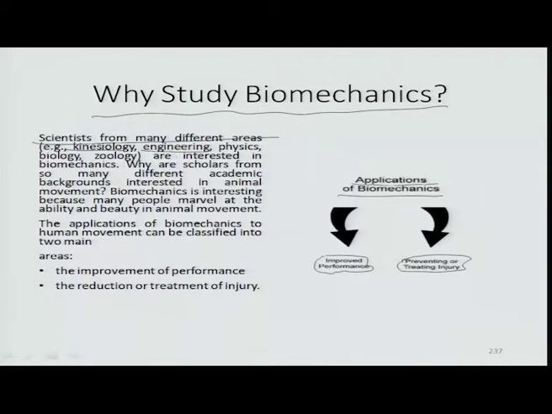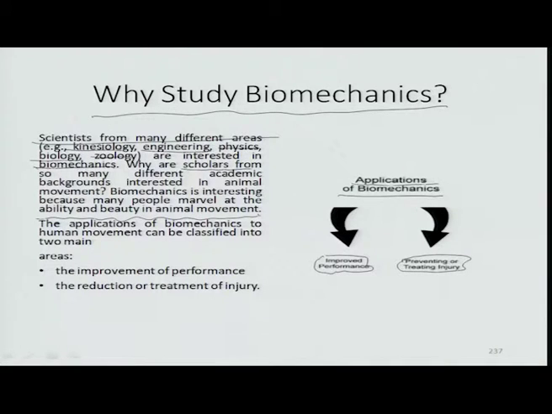Obviously, scientists from many different areas, kinesiology, for example, engineering, even physics, biology, zoology, are all interested in this area of biomechanics. The thing to be noted is that there are a number of reasons why scholars from so many different academic backgrounds are interested, and one of the main reasons is that biomechanics is interesting due to the natural urge of human beings to marvel at the ability and beauty of movements.